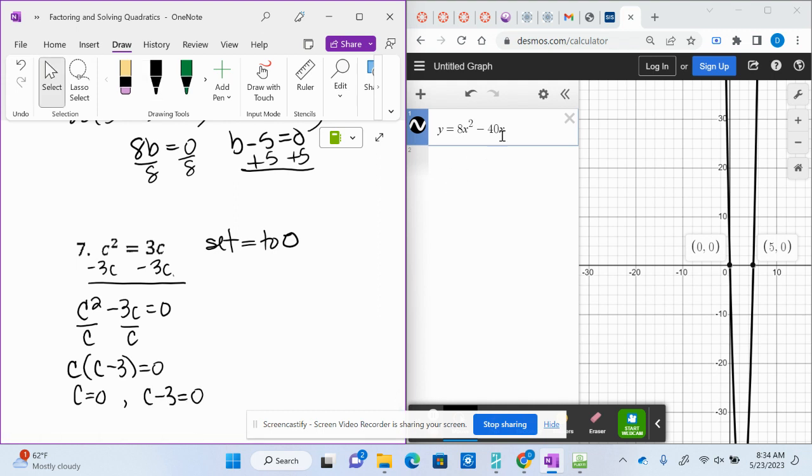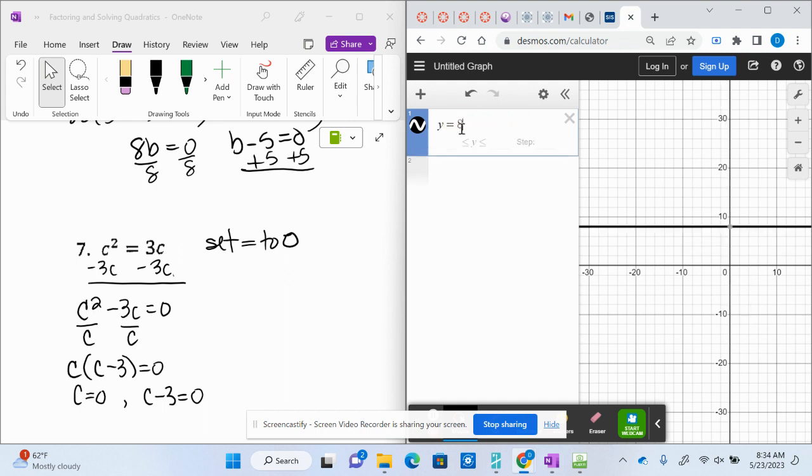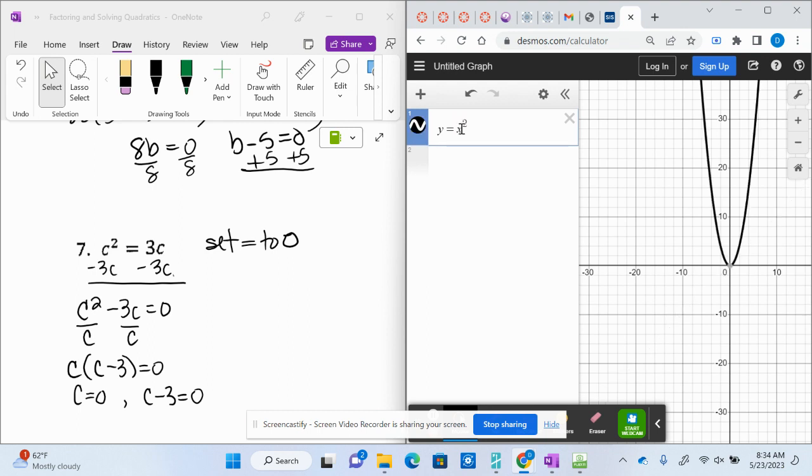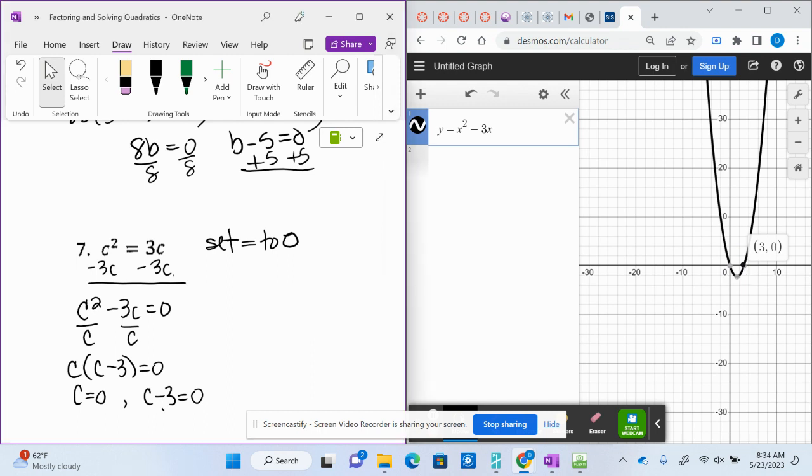I'm going to put that into my Desmos, and let's graph that. X squared minus 3x. And my roots are 0 and 3. That makes sense because when I add 3 to both sides, I get that c equals 3, and we already know that c equals 0.